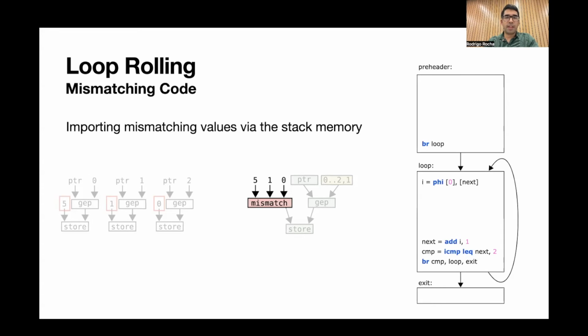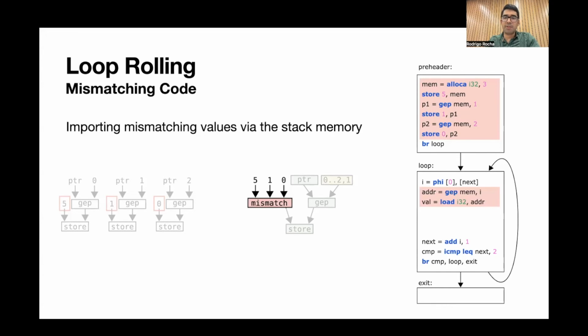In the general case, when performing code generation for a mismatching node, we'll import the values into the loop via the stack memory. So in the pre-header, before entering the loop, we'll allocate an array in the stack memory, and then we'll store each one of the mismatching values into this array. In this case, we're storing 5, and then 1, and then 0 into this array.